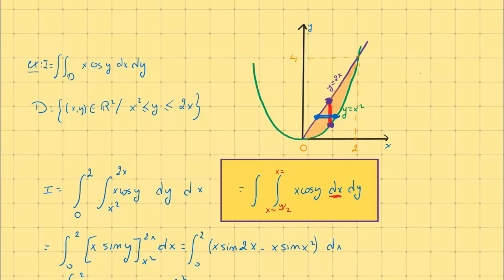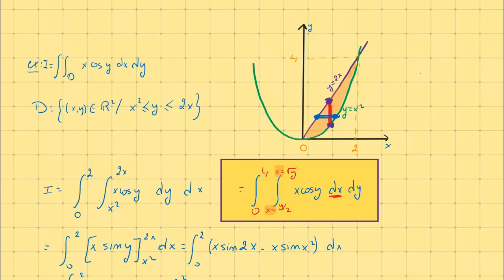The right boundary is on the curve y equals x², so if I want to write it in terms of y, it will be x equals square root of y. So these will be my inner boundaries. Of course, the x equals, I will remove it, I will not write it. So I write y over 2 and square root of y. And then this blue section, if I take it to the top, it will reach the value 4, and to the bottom, it will reach the value 0. So 0 and 4 will be the boundaries of my outer integral.